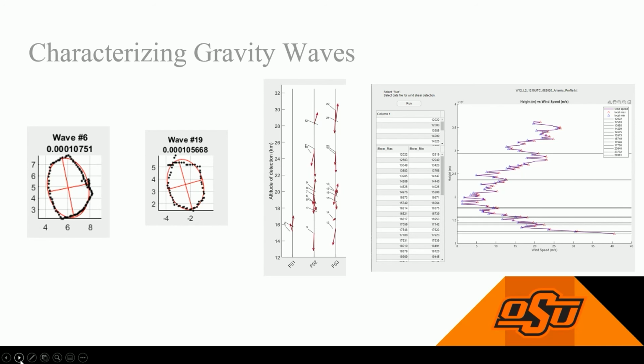But because we know that the wind is moving east to west, a sunrise generated gravity wave will most likely propagate in the easterly direction. So gravity wave 6, we can say with a little bit of confidence that it is probably generated by a sunrise, while gravity wave 19 is probably not.